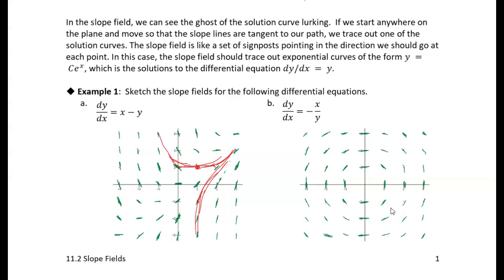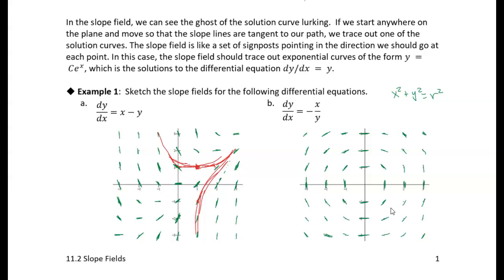And you might actually recognize this differential equation from when we were doing implicit differentiation. This is actually the differential equation that corresponds to a circle, right? So any circle will give you this. If you try to take the derivative of y with respect to x for anything where you have x squared plus y squared equals r squared, no matter what r is, you're going to get dy/dx equal to negative x over y.